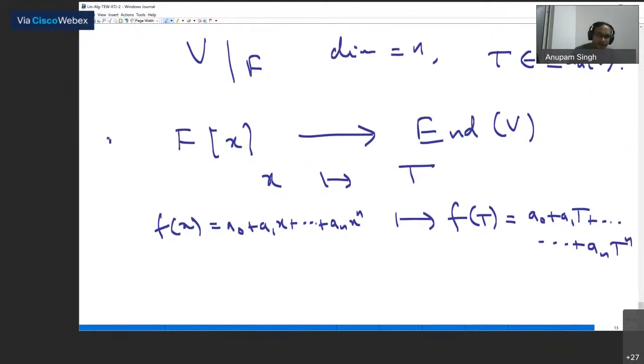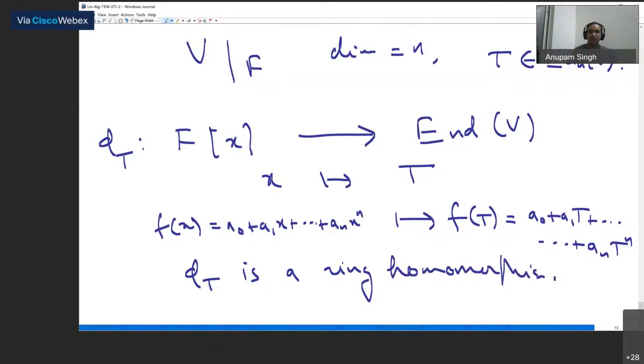So this is how I define it. Let's give it a name. Let's call it phi T. So you can see that phi T is a ring homomorphism, right? Because if I have two polynomials f(x) plus g(x), you can see that this side it will get additive.